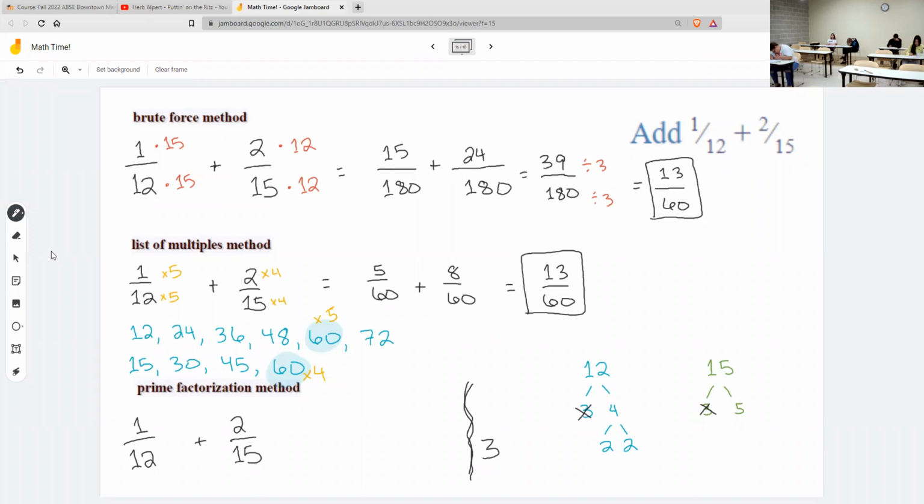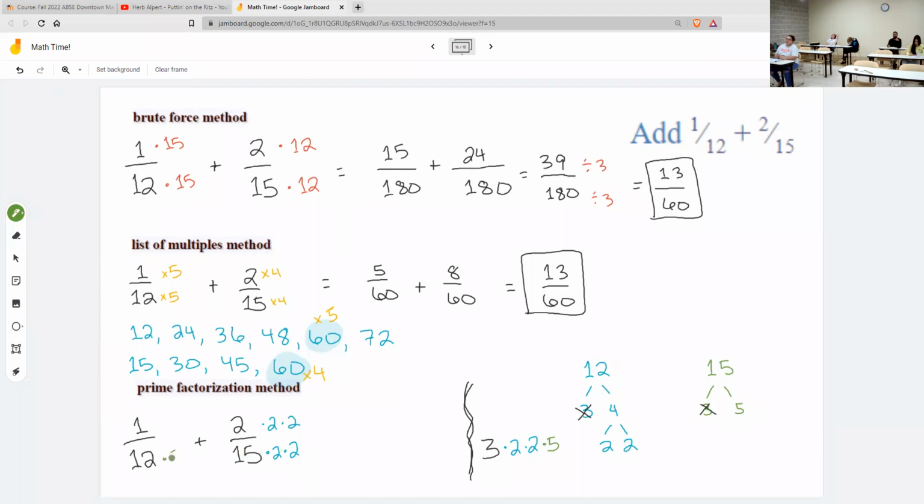So because of the 12, I have to do a times 2 and a times 2. The 12 had that, so the 15 needs that. So I'll put that on the 15. Because of the 15, there's a times 5, and the 12 didn't have that, so I need to put it there.